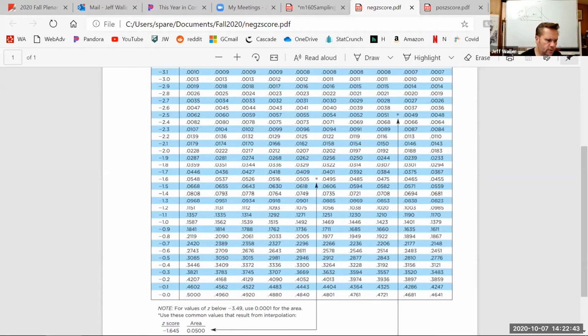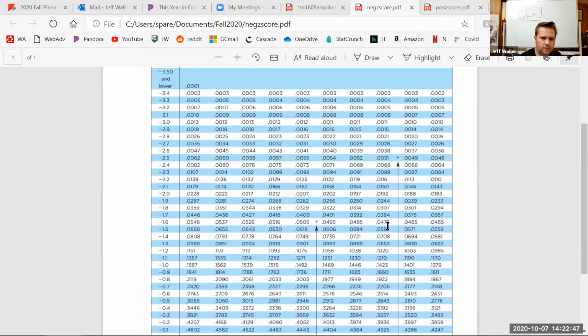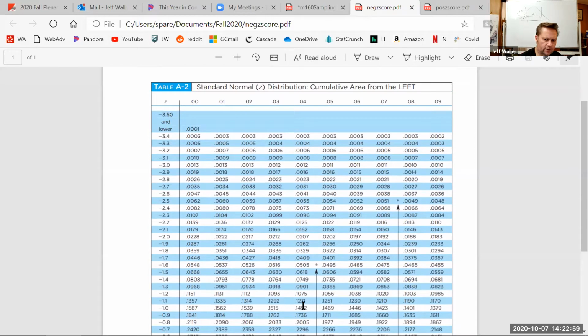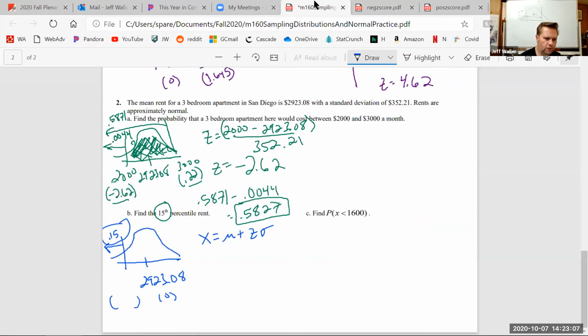Anybody else get that? Yeah, somebody else got it. I'm talking about 0.1492, right? That's the closest I can get to 15%. So that's negative 1.04. So everybody see that? That's the closest I can get to 15%. So that z-score is negative 1.04.